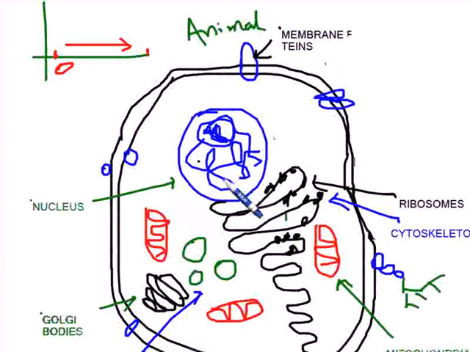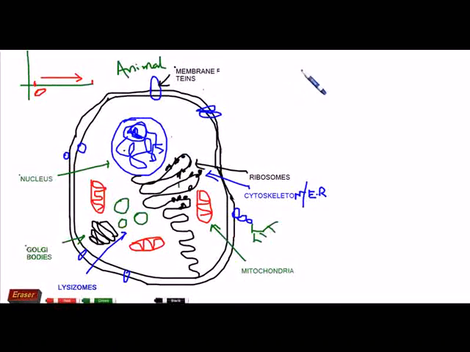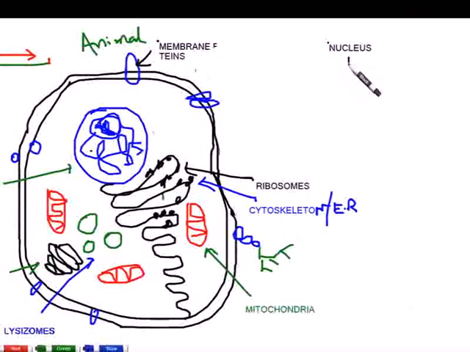For instance, take the first organelle after the cell membrane, the nucleus. We have talked about the nucleus before. This nucleus contains 4 different regions. If we draw the nucleus, we can divide it into different regions.